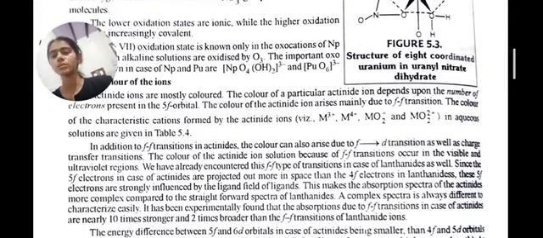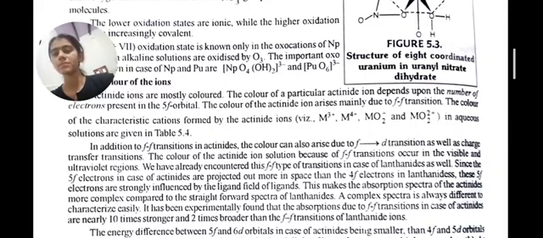In addition to f-f transitions in actinides, the color can also arise due to f-d transitions as well as charge transfer transitions. The color of the actinide ion solution because of f-f transitions occurs in the visible and ultraviolet regions. We have already encountered this f-f type of transition in the case of lanthanides as well.